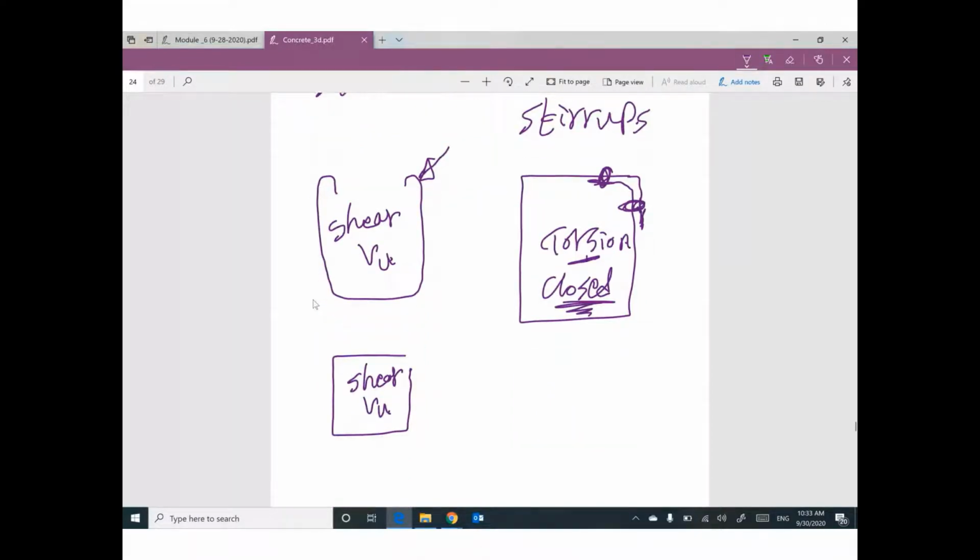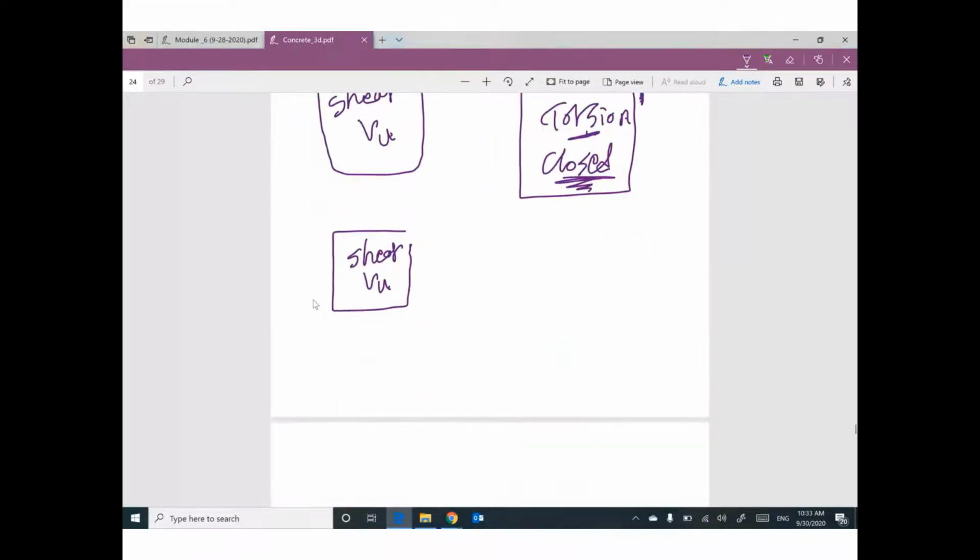So I can conclude this information. If you are talking about shear, V ultimate, or torsion, which is called T ultimate, stirrups will support both of them.